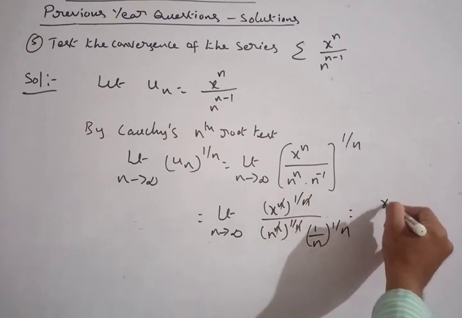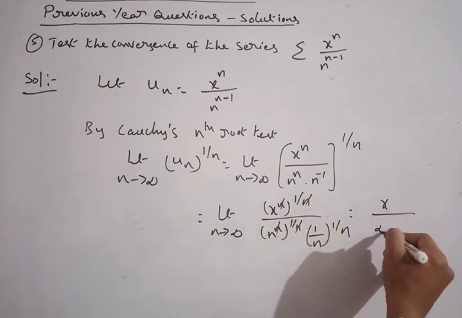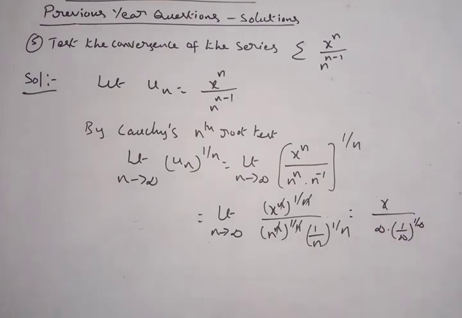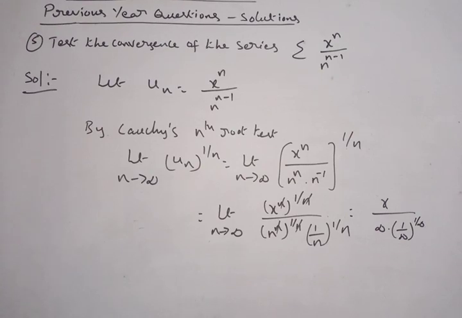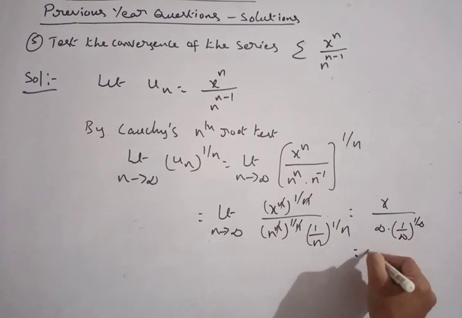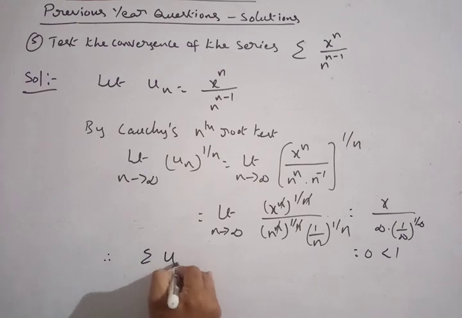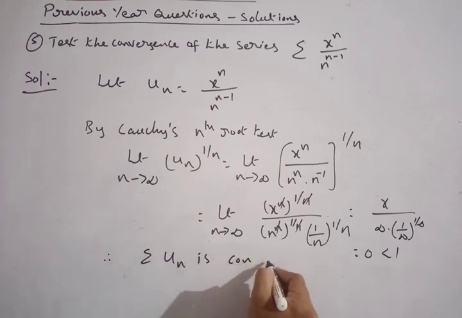If I apply the infinity, we get x by infinity into 1 by infinity whole power 1 by infinity. Anything by infinity will give you 0, and 0 is less than 1. If it is less than 1, we say convergent. Therefore sigma un is convergent.